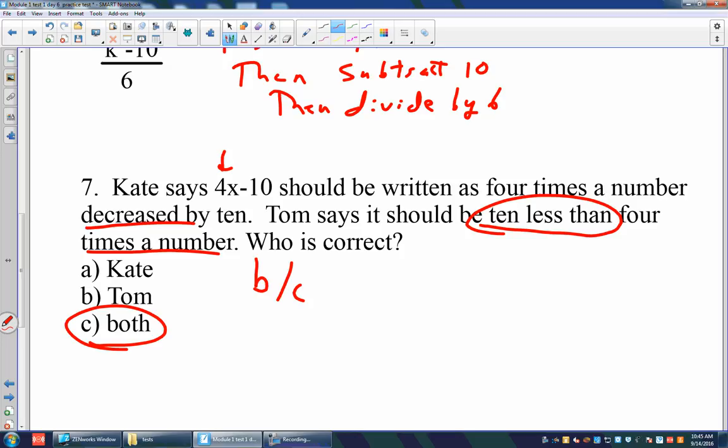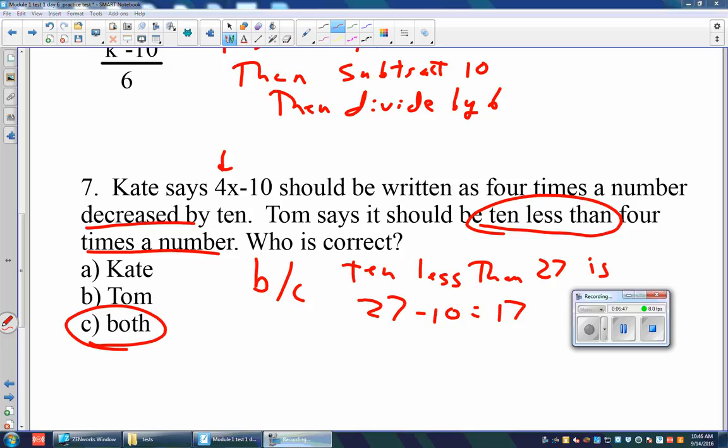Because if you take your age and you're like, oh, I'm 27. 10 less than 27 is 27 minus 10, because 10 less than my age is 17, and 27 minus 10 is 17.